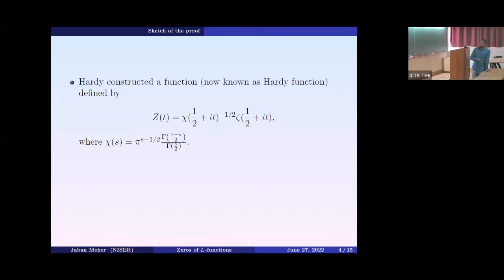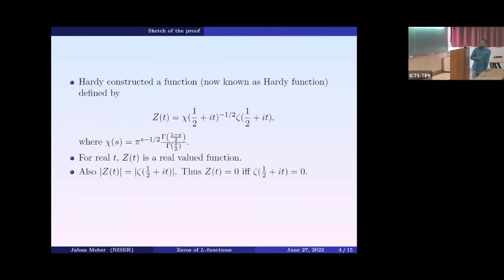So what Hardy did: Hardy constructed a function which we now call the Hardy function. This is the Hardy function in the case of the Riemann zeta function. What property does it have? The property is that it is a real valued function.